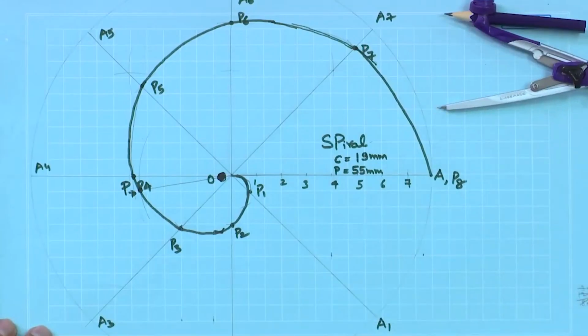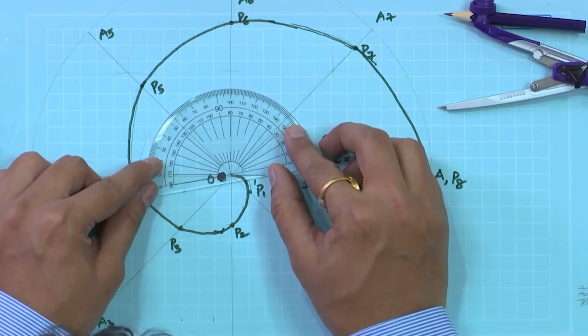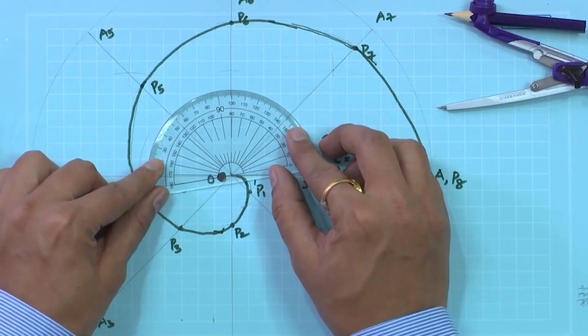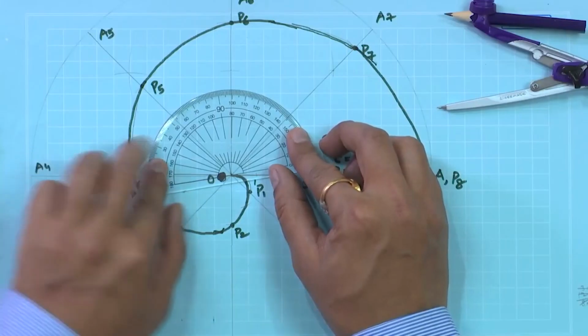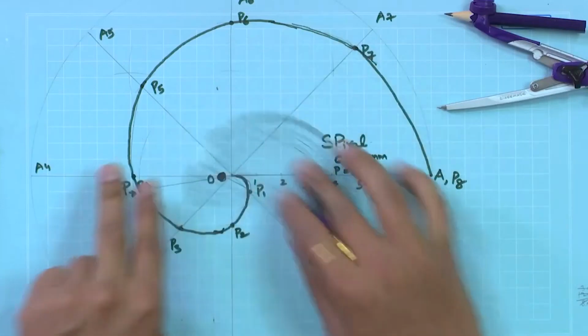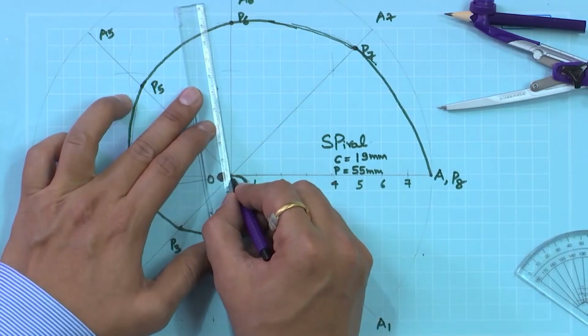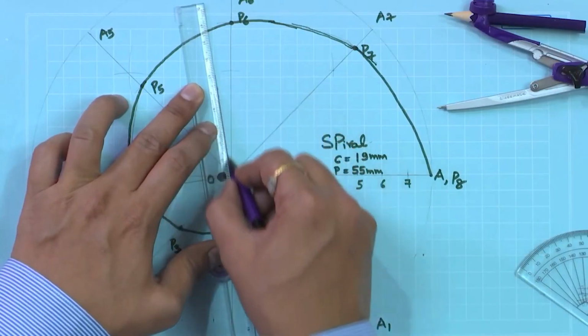To that, locate a 90 degrees line on that curve. That will be here. Join O with that line.